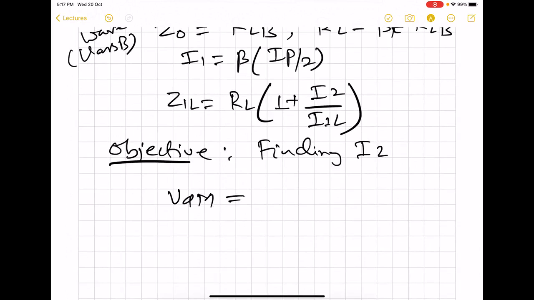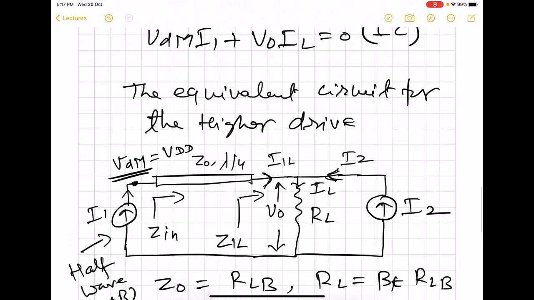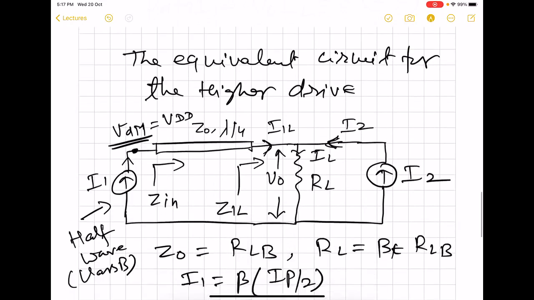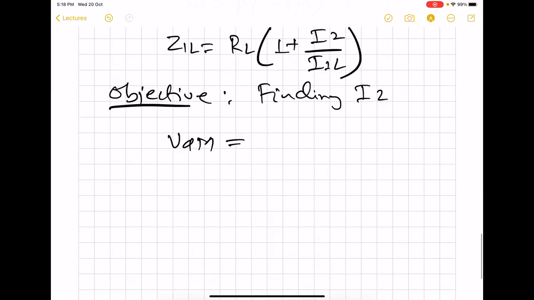This VDM voltage is going to be equal to the impedance looking towards this side, which is Z in, multiplied by this current I1. So this is Z in into I1.